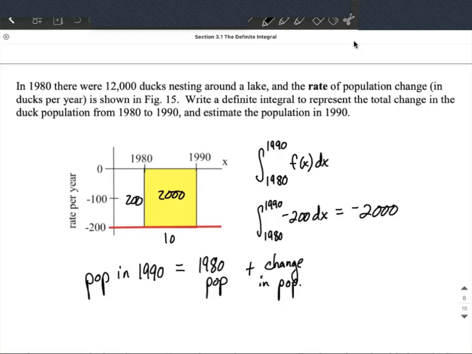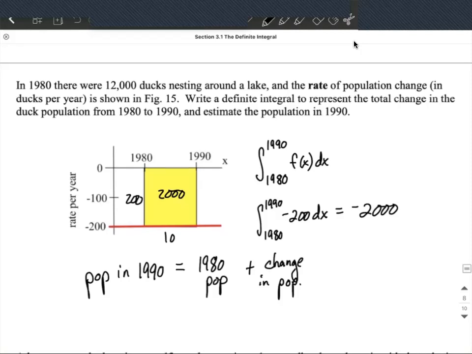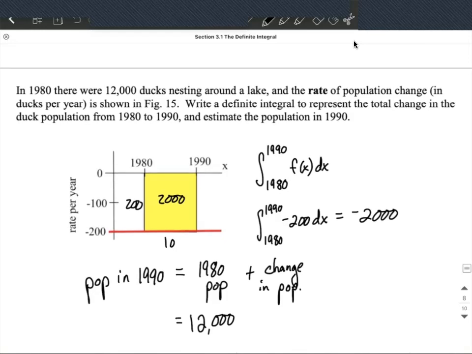The 1980 population, we are told at the beginning, was 12,000 ducks. But we just calculated that integral and figured out the integral was -2,000. That means that 2,000 fewer ducks are there between 1980 and 1990. So this would give us an estimation of 10,000 ducks in 1990.